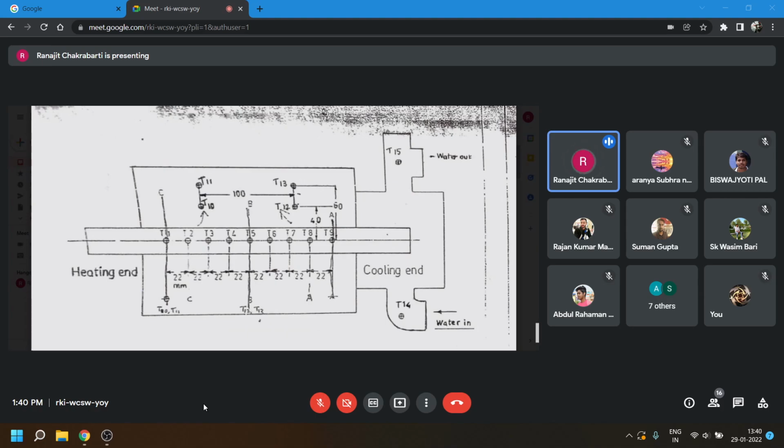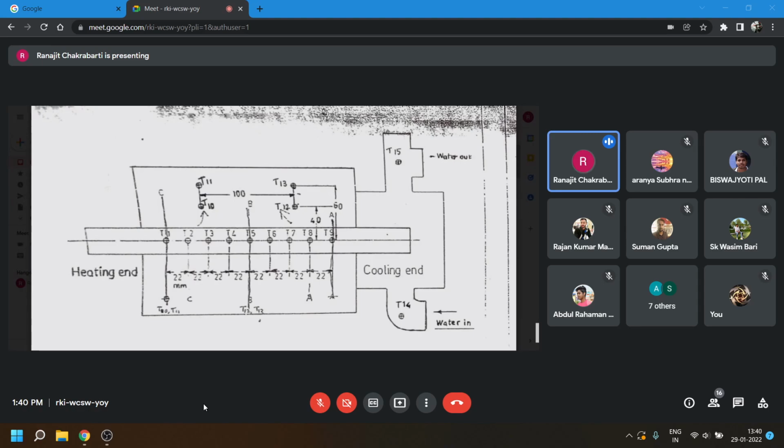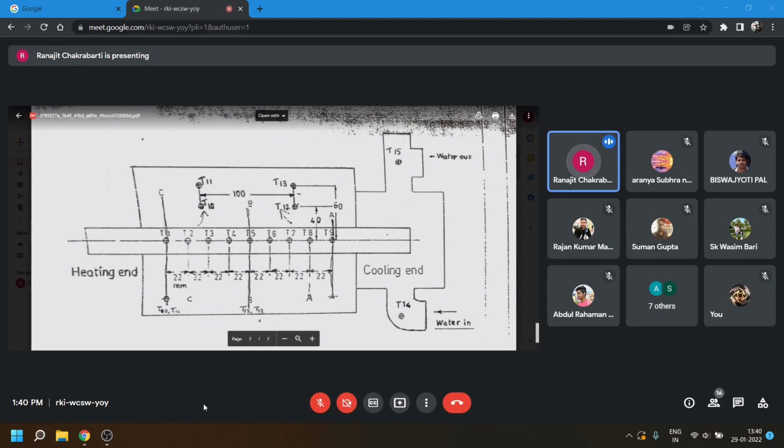After 1 hour, how will you know that steady state has been attained? We'll record the temperatures T1 to T9 at say 5 minutes interval. When we record the temperatures, we'll find that the temperatures of all the sections are changing.